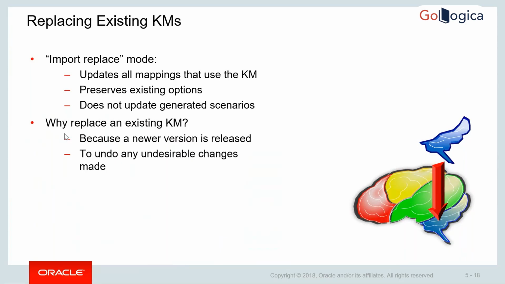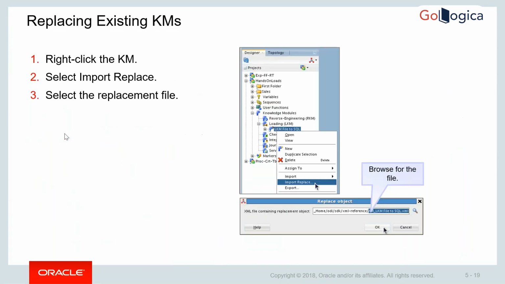I need to go with the import replace. If you do it, my existing knowledge module will be replaced with the new knowledge module. All the mappings referring to the old knowledge module will automatically refer to the new knowledge module when you go with the import replace option, because there is no need to do the remapping again. We only need to right click on the knowledge module and go with the import replace option.